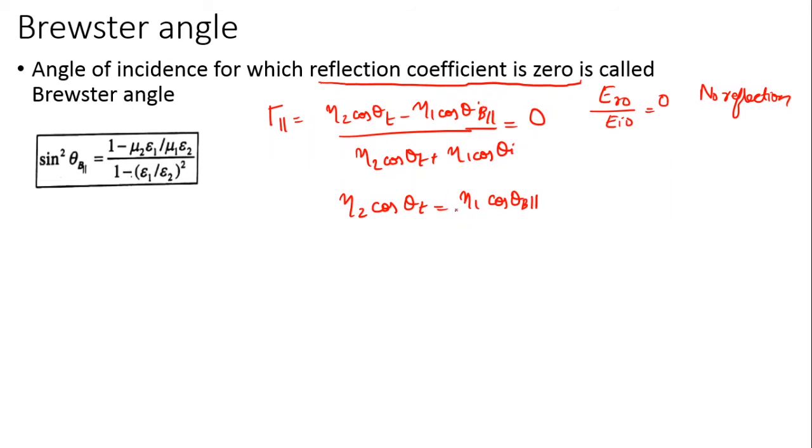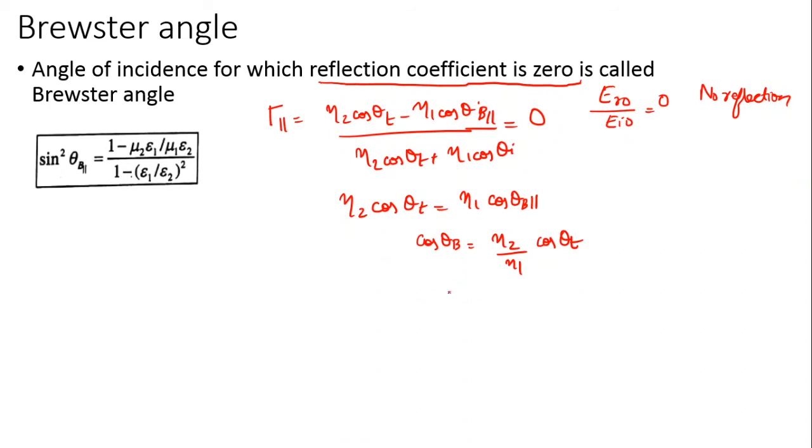So cos theta b is equal to eta 2 by eta 1 into cos theta t.